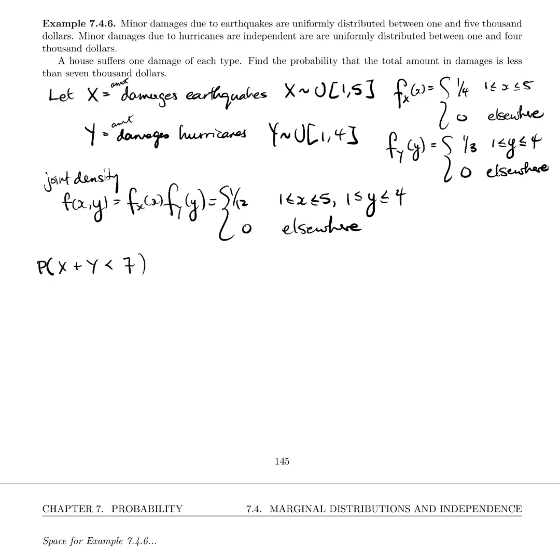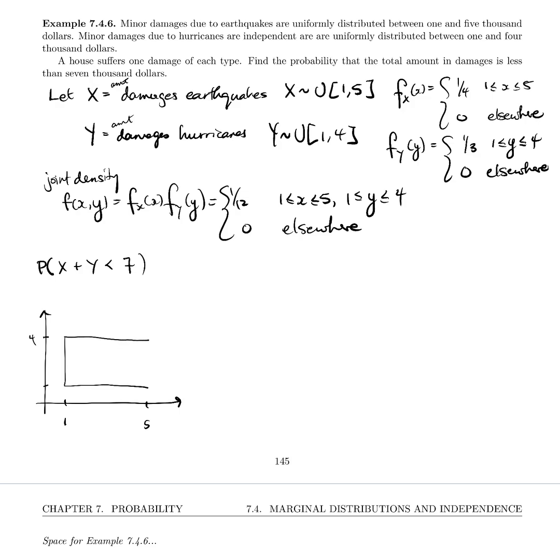And so we know from our joint distribution study that we need to find the area of integration, or the region of integration. So let's draw the support of the original. So x goes from 1 to 5, y goes from 1 to 4, and we have the rectangular support, which is here.